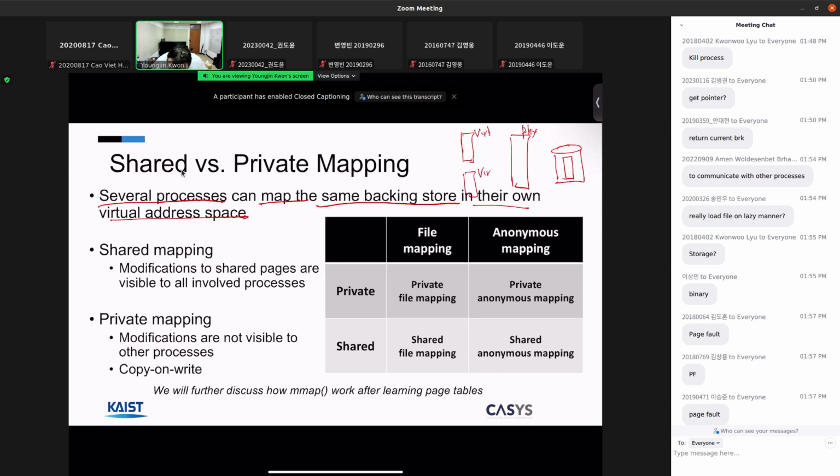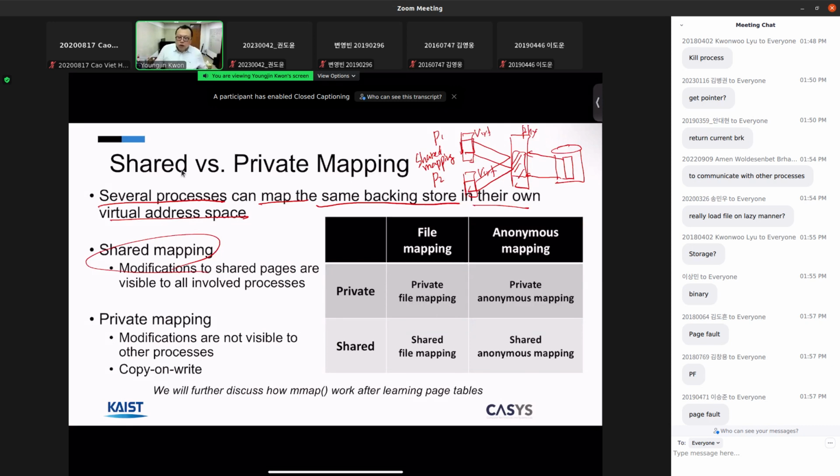This is the virtual memory of process 1, and this is process 2. In some cases, this mapping goes to this physical memory, and the other one also has the same mapping in process 2, which is called shared mapping.